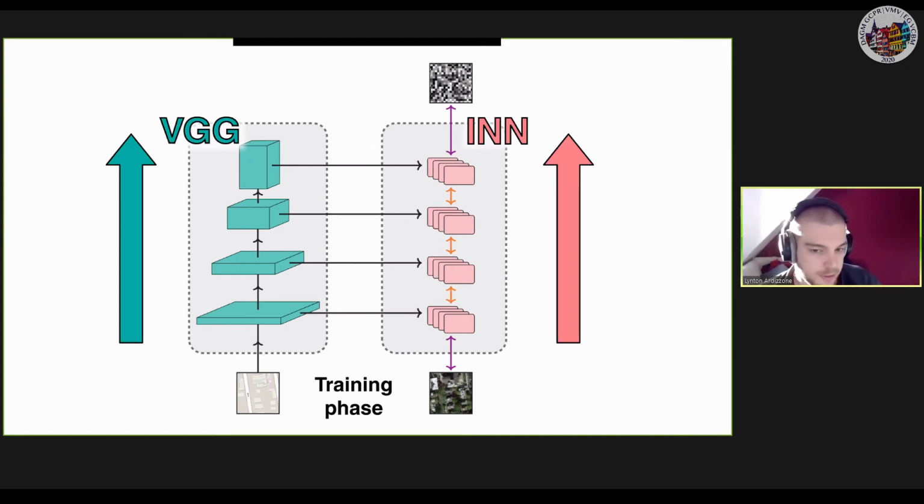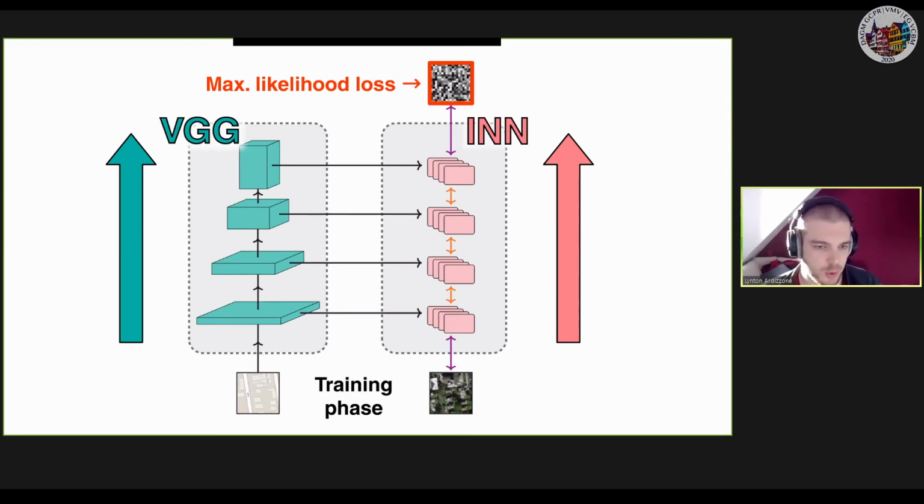Then from the output of the INN, we compute the maximum likelihood loss in exactly the same way as standard normalizing flows. The important part is that we can backpropagate this loss through the feature pyramid to update both the VGG and the INN with the same loss function. So in other words, both these components of the CINN can be trained jointly from scratch using just the maximum likelihood loss.